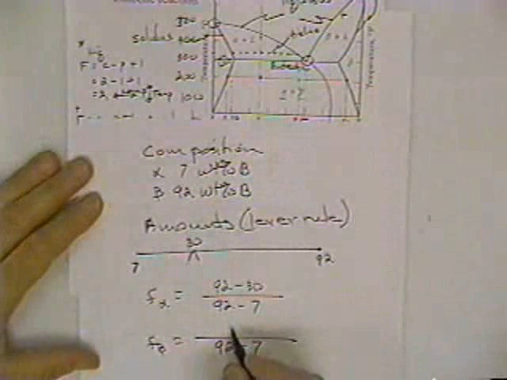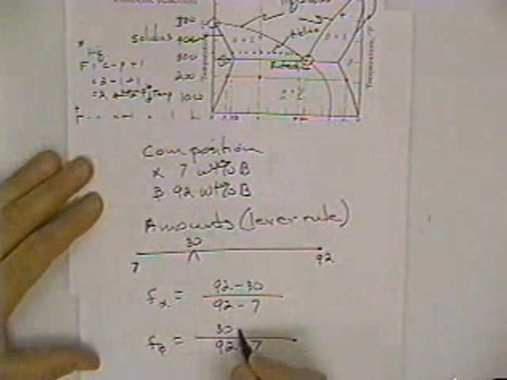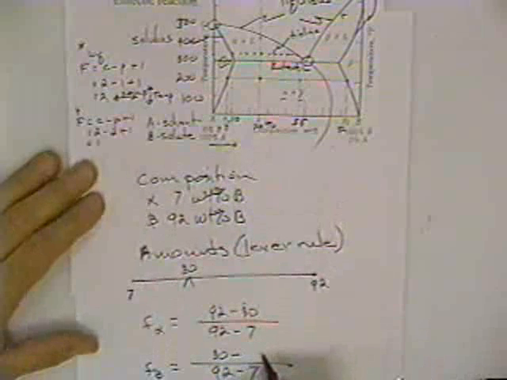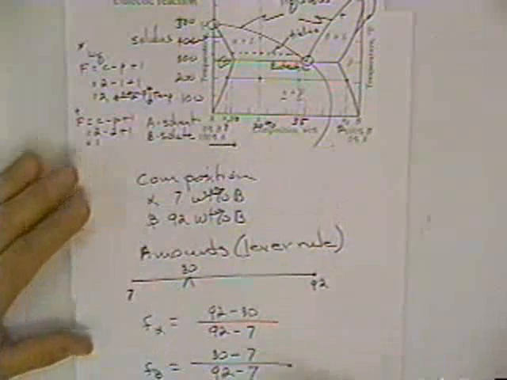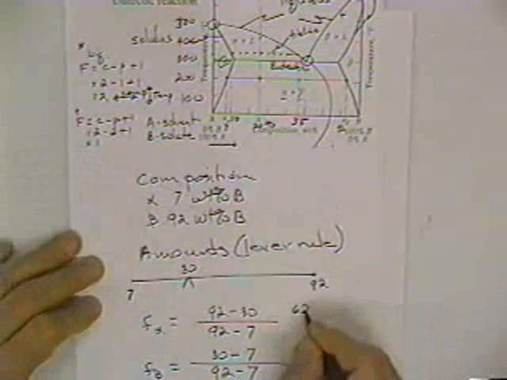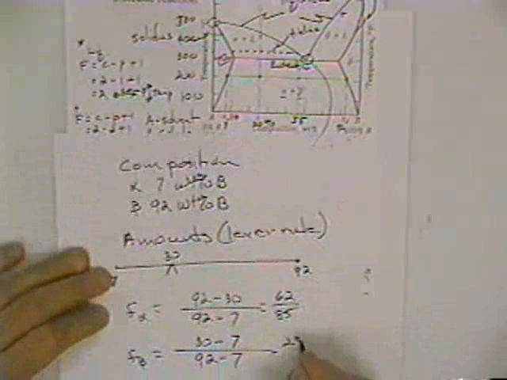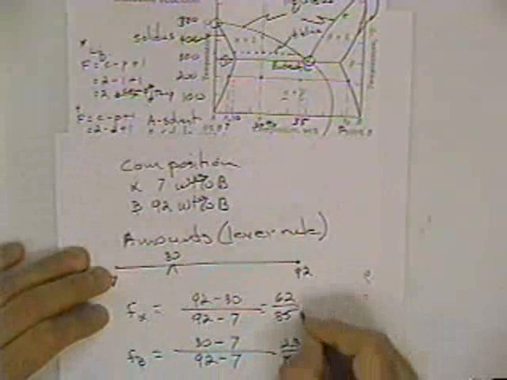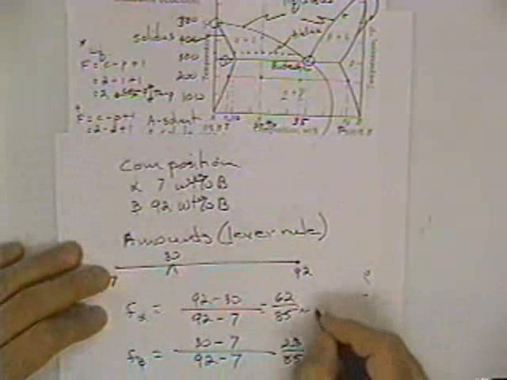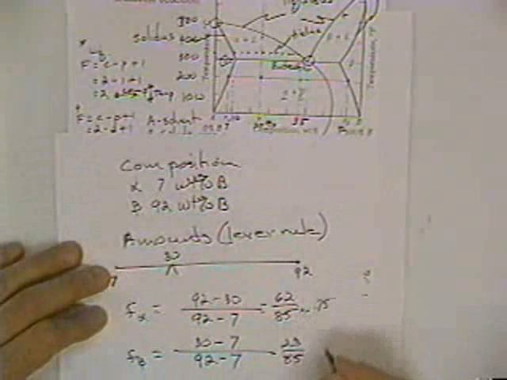And then the fraction of beta is going to be 30 minus, what did we say that number was? 7. 30 minus 7, so we'd have 62 over 85 and 23 over 85. So looks like on the order of 3/4, and on the order of 0.25.